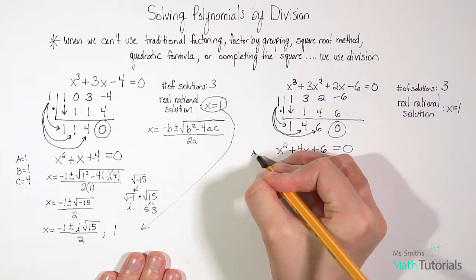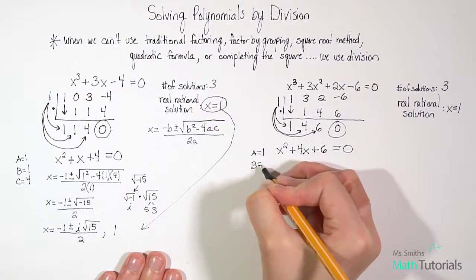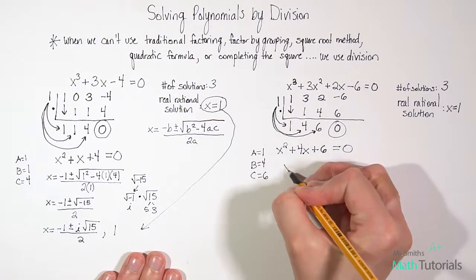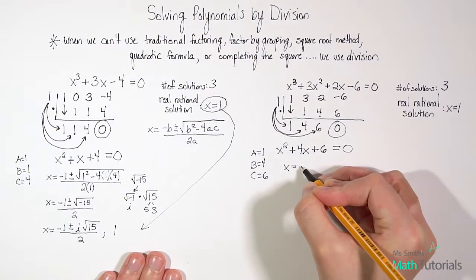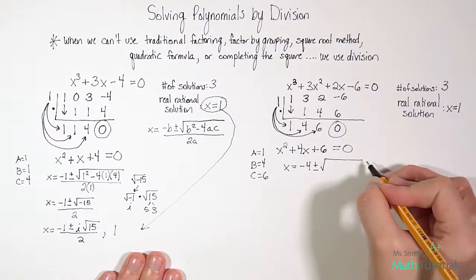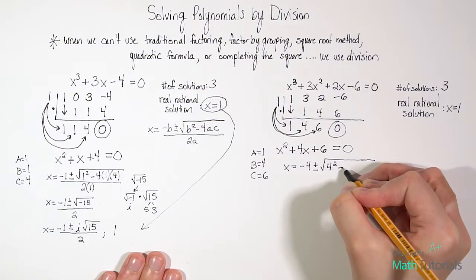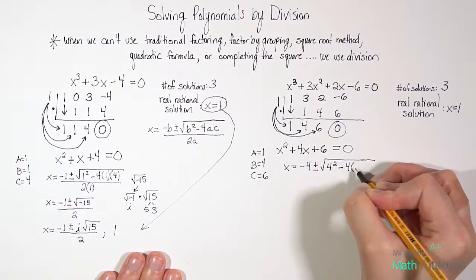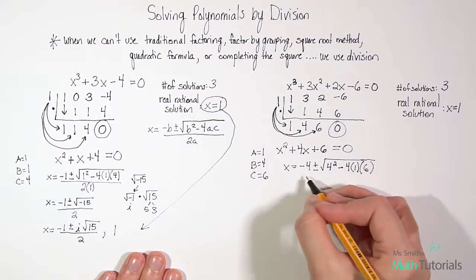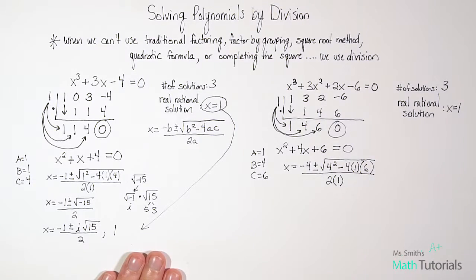In this case, our a would be a +1, our b would be 4, and our c would be a 6. x equals -b, so -4 plus or minus the square root of 4 squared, b squared, minus 4 times a, 1, times c, 6, all over 2 times a, which is a 1.